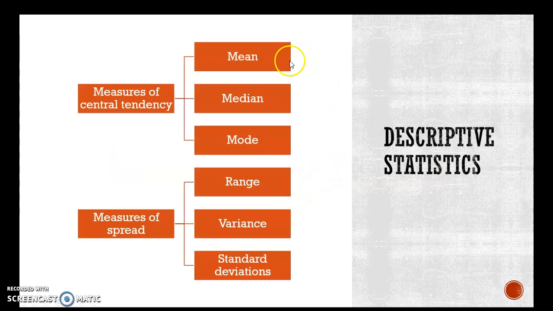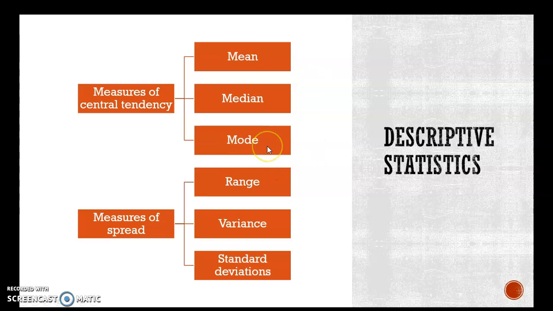So there are a few measures of central tendency, which include the mean, which is the average of all the data set, and the median, which is the middle item of a set of data, or the average of the two middle items if the data set has an even number.